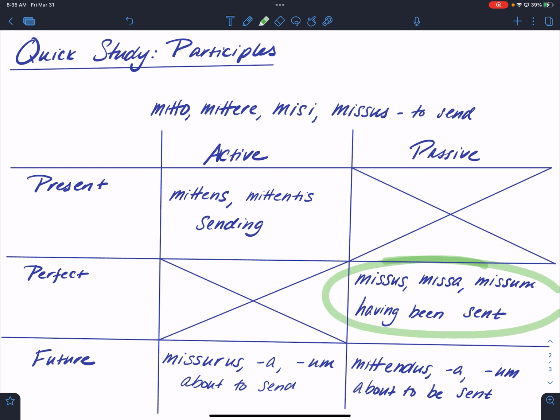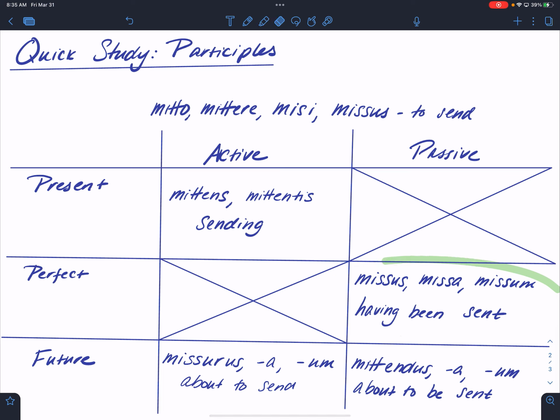But I say that very lightly, because the perfect passive participle is just the fourth principal part of any verb. So if you've been diligent with your vocab study since Latin 1, recognizing the fourth principal part should not be difficult.